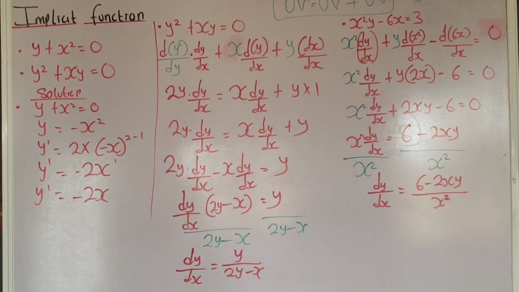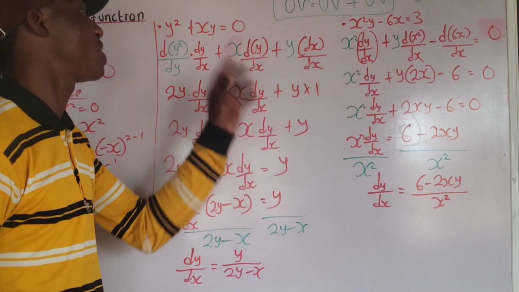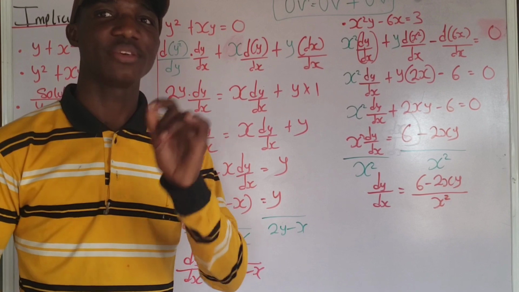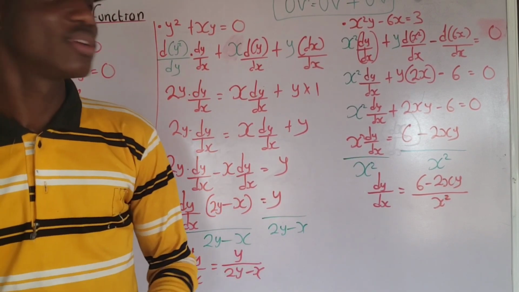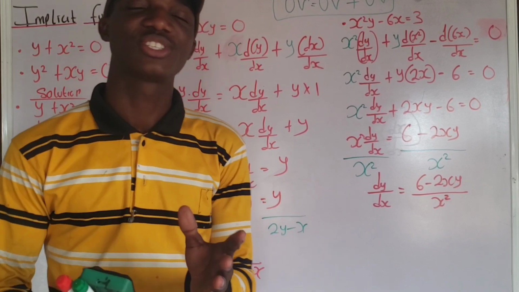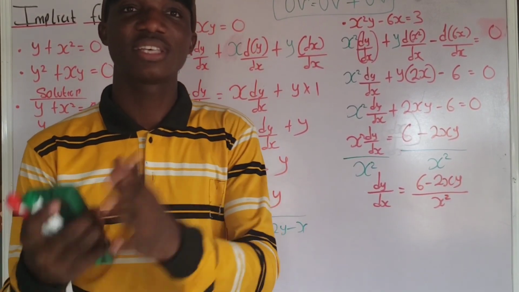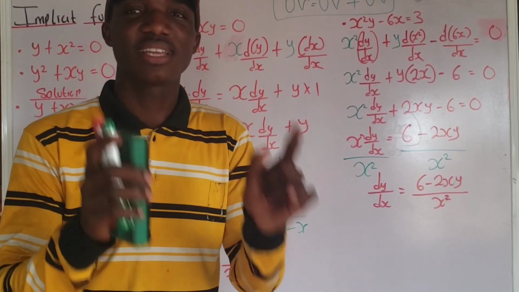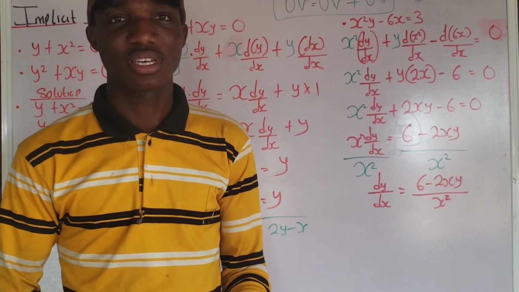If you are asked to differentiate an implicit function with respect to another function, for example, we are differentiating y with respect to x, that means that anytime I differentiate y in the function, I'm going to add dy dx, okay? Are you there? So let's say you are asked to differentiate a function that contains z and x, and you are differentiating z with respect to x. That means that anytime you differentiate z in that function, you're going to add dz dx, you understand?